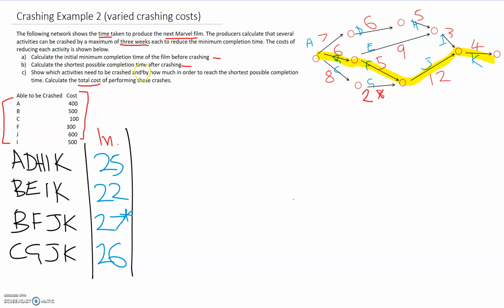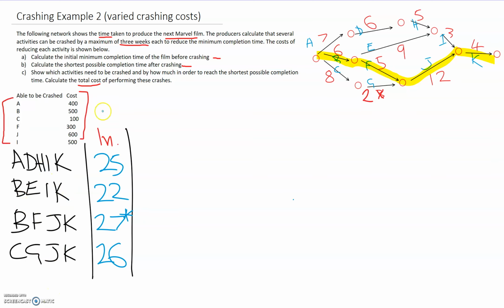So you always need to get that shortest completion time and then work out how much it's going to cost to get there. The question we did tonight didn't quite make that clear. And then find the total cost, as it says here.